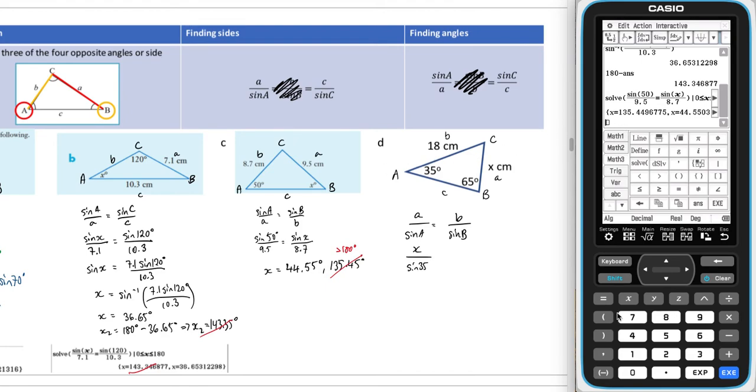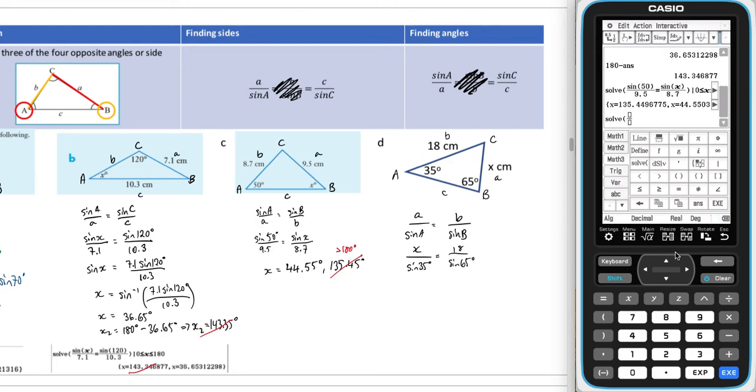I'm going to do that again in the ClassPad, typing it in while this is loading. Now this one we don't have to constrain because we're looking for a length this time, so our calculator can deal with it. So x on sine 35, close the bracket, equals 18 on sine 65. Enter, and we get x as being 11.39. Always add your units: centimetres.